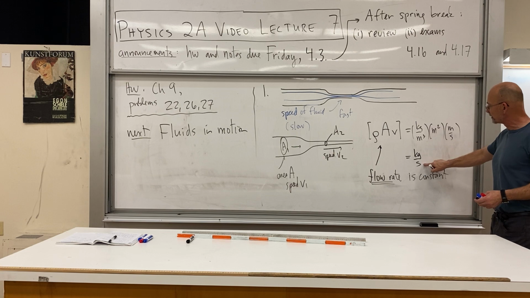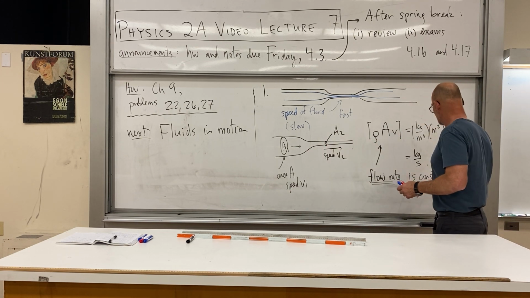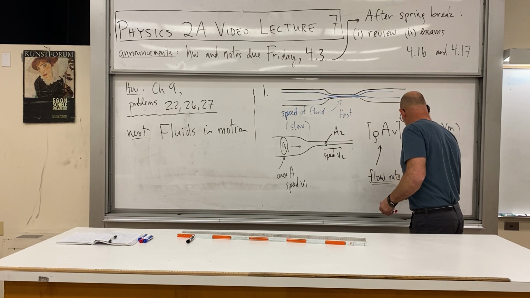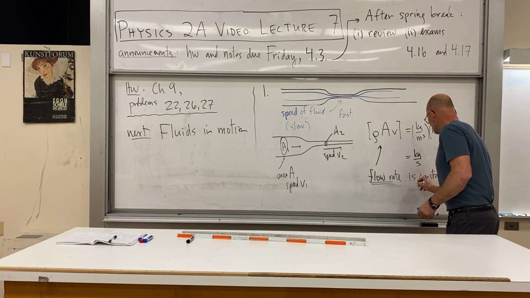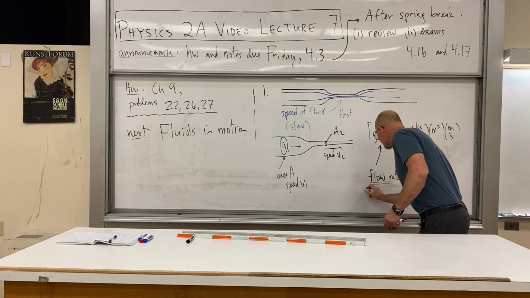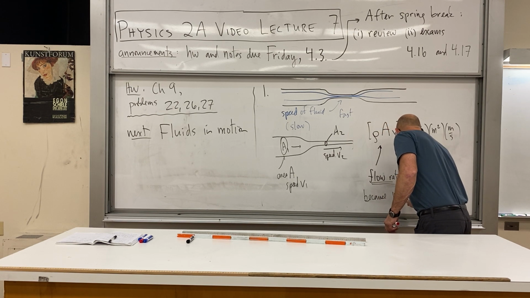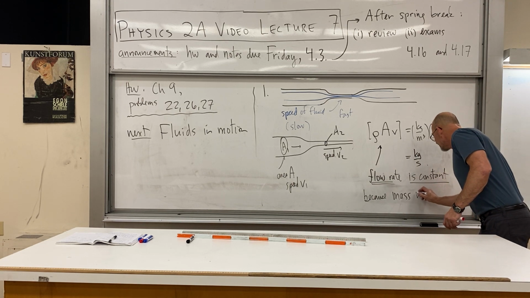You know, the kilograms per second have to be the same because it's not going anywhere. It's just flowing through the pipe. So flow rate is constant because mass is conserved. In other words, the mass isn't being created somewhere, so mass is conserved.